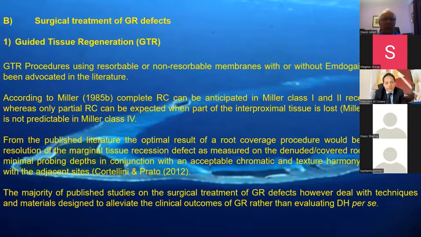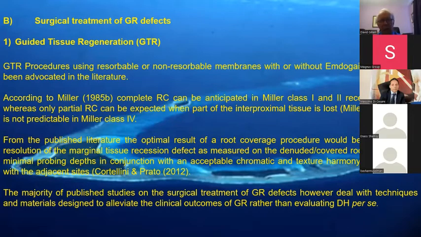Again, this is something we've covered, and this is just a little bit more. I think from the course leading, Prato would say that the optimal result of root coverage procedures would be the complete resolution of the defect, and that may occur.